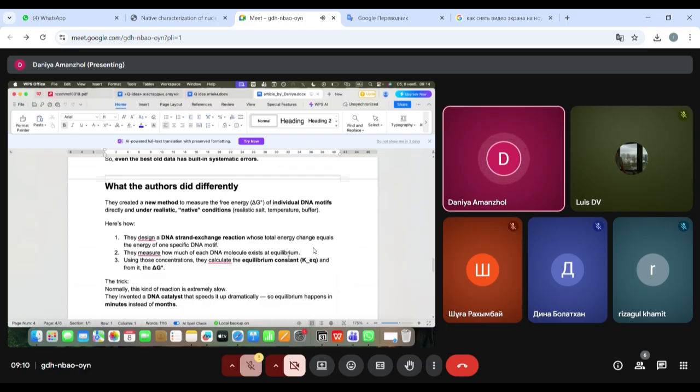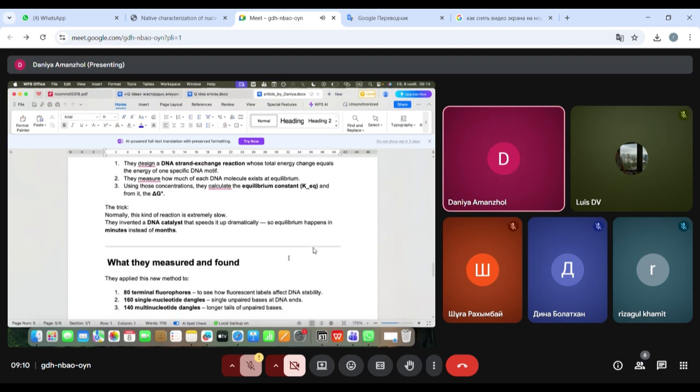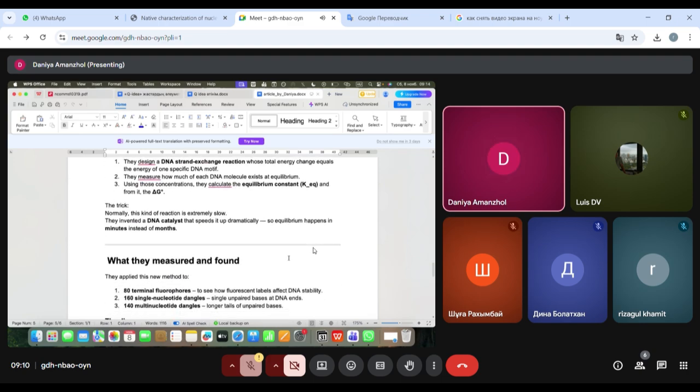They measure how much of each DNA molecule exists at equilibrium, and using those concentrations they calculate the equilibrium constant, and from it, the Gibbs energy. Here they use a catalyst. As I said, a catalyst enters the reaction and accelerates it.